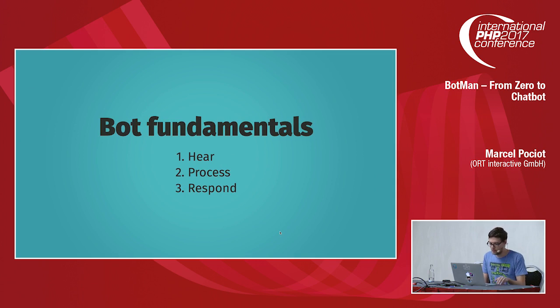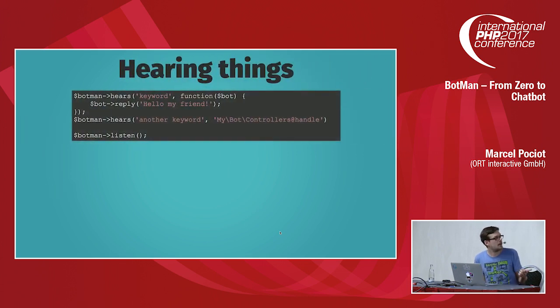Okay, so the fundamentals of a chatbot are pretty simple. There are three main pillars. You have to hear what the user says, you have to process it, and then you have to respond back. So let's take a look at how this would look with BotMan. The API is pretty straightforward, I guess.